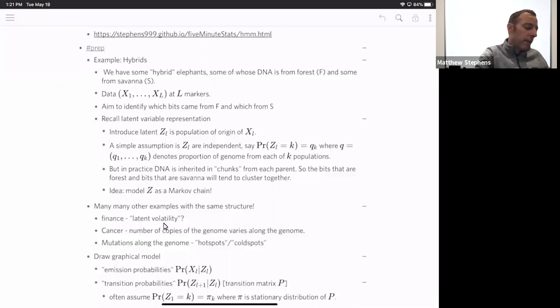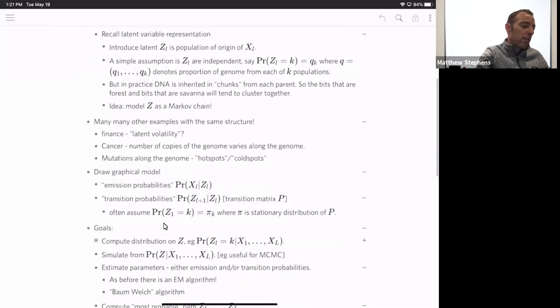But before we do that, let's get some terminology. The X's are going to be the observed data, and the Z's are going to be the latent variables. The probability of an observation given the latent variable is called an emission probability.